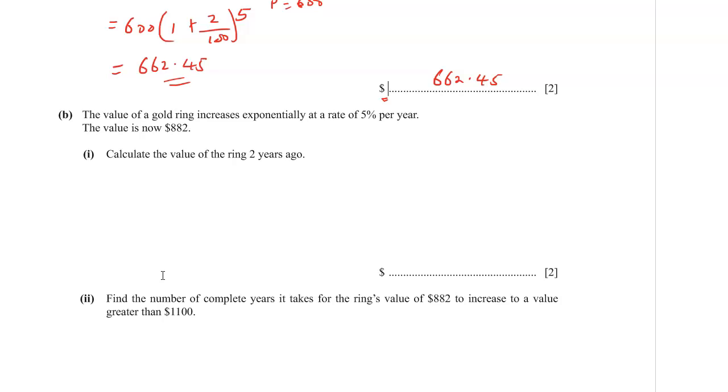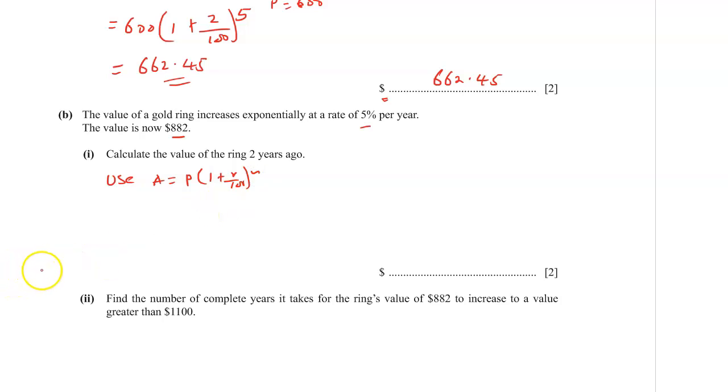Part B. The value of a gold ring increases exponentially at a rate of 5% per year. The value now is 882. Calculate the value of the ring 2 years ago. Still use A is equal to P times 1 plus R over 100, raised to power n.